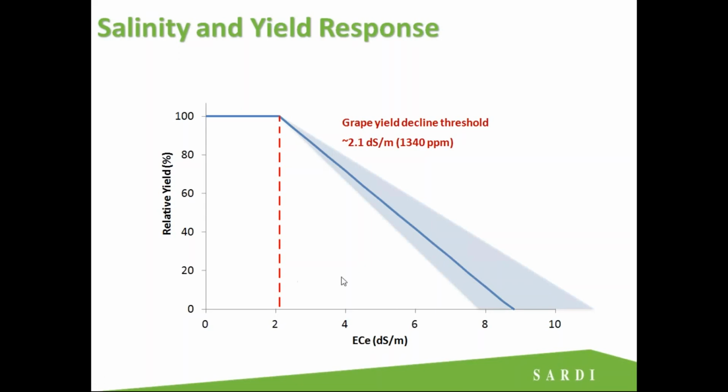It's a bit of a rubbery kind of number actually, particularly for grapevines and viticulture, when many vineyard managers constrain their yield deliberately to focus on quality, and so even though your soil salinity may be creeping up beyond that yield decline threshold, you wouldn't necessarily see a yield response in your vines because you're already constraining the yield potential.